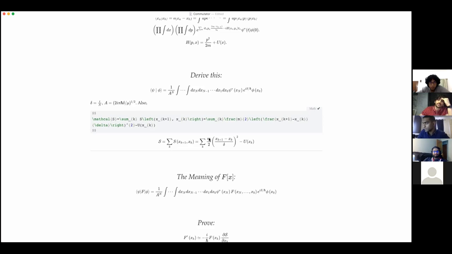There's going to be a delta outside. It's going to be a k delta outside. This is the equivalent of doing the time integral for k steps in the discretized representation. So this is just a discretized Lagrangian.